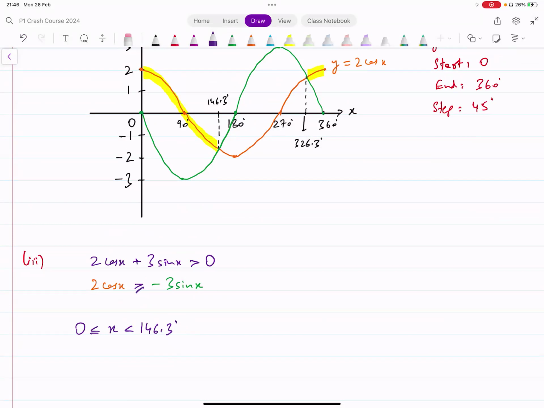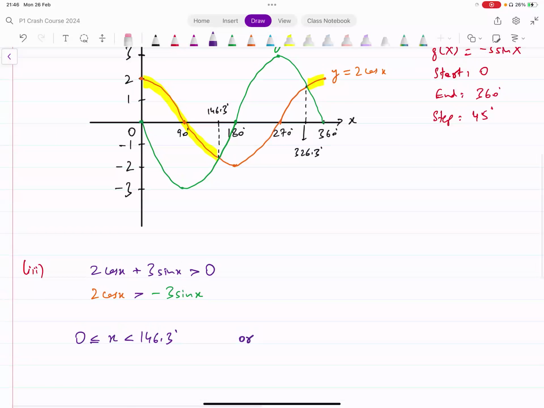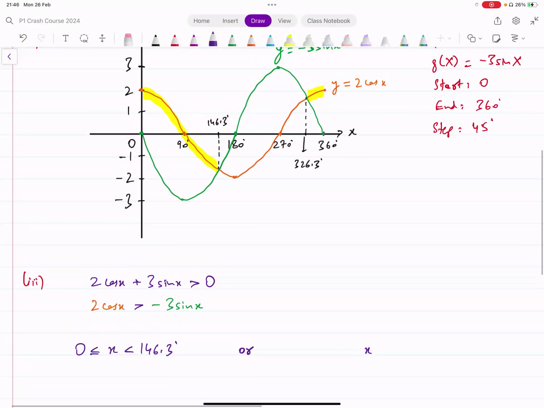Since we don't have an equal to sign here, we don't put an equal to sign here as well. This is one possibility. Or x is between, x is this region, right? This yellow region. That's between 326.3 degrees and 360 degrees. That's the other interval of x that we get. These are going to be the two solutions that you get from this.